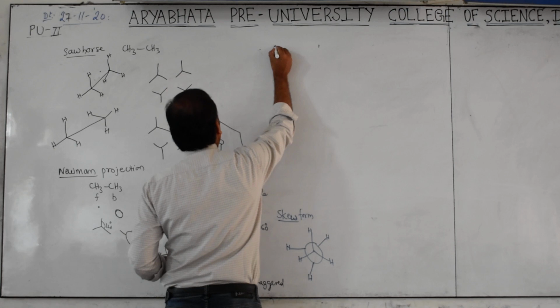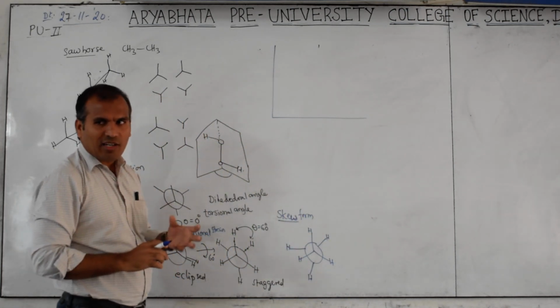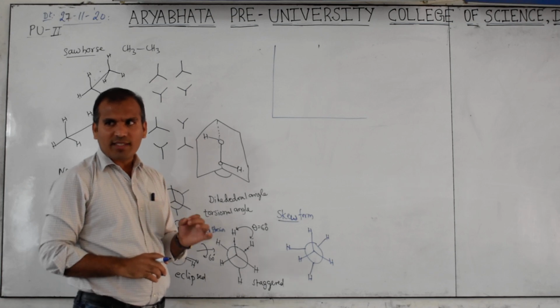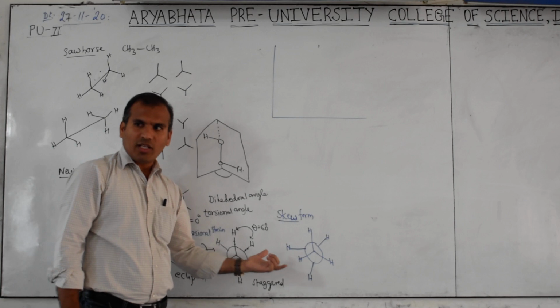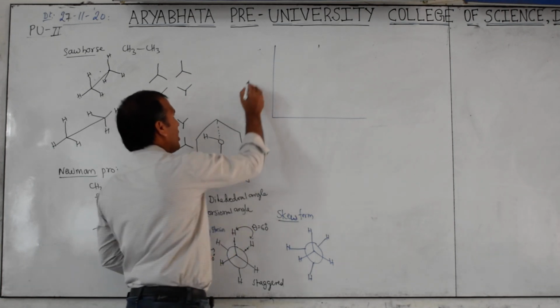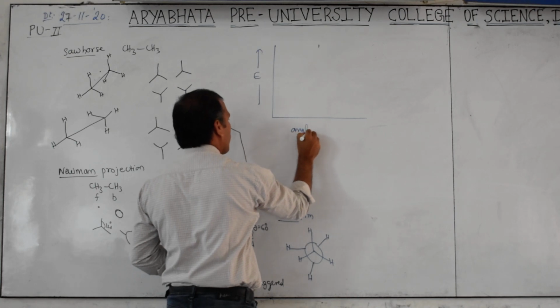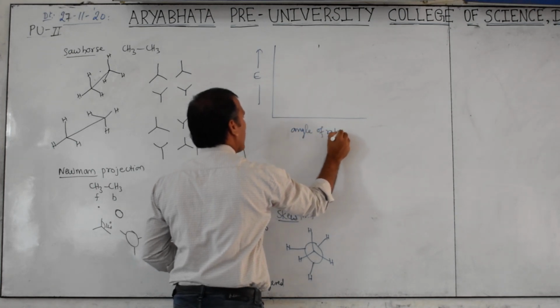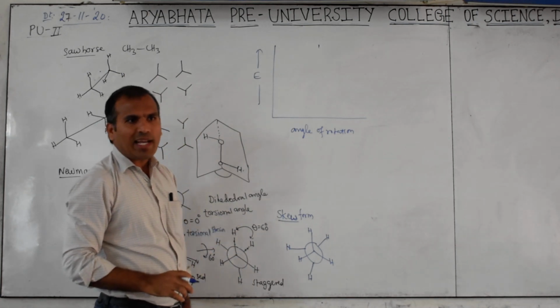Then they will ask a question on conformational analysis. Conformational analysis means what? A study of the energy of these conformers with the angle of rotation. Here this is E, energy, and this is angle of rotation. This graph is known as conformational analysis.